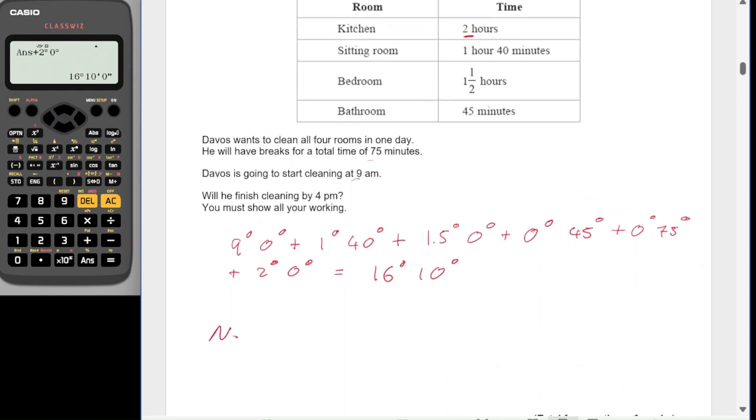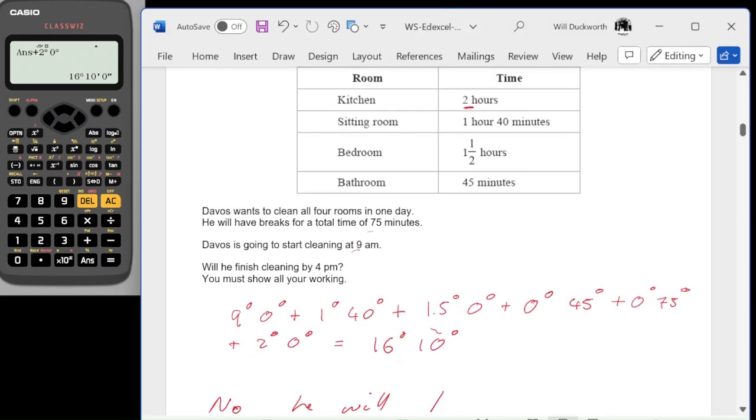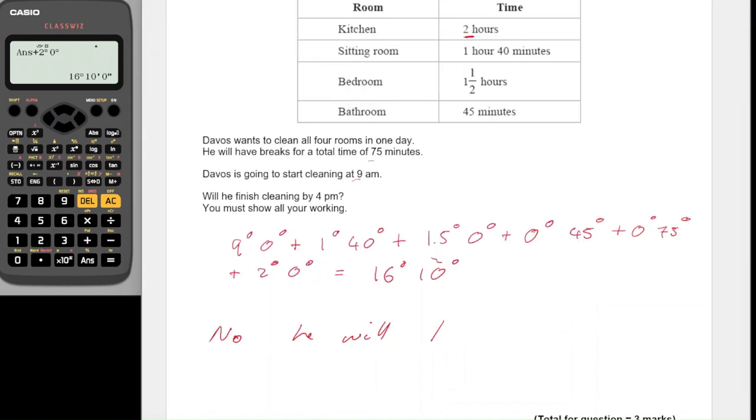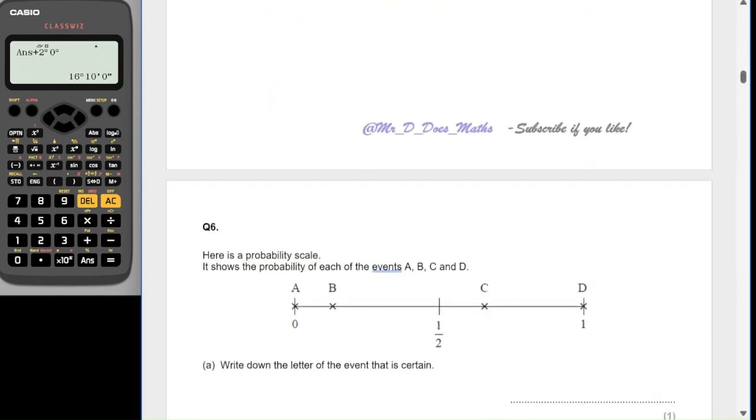No. He will finish at 4:10 PM. Just put it back in the format that the question is working in, so on a 12-hour clock.